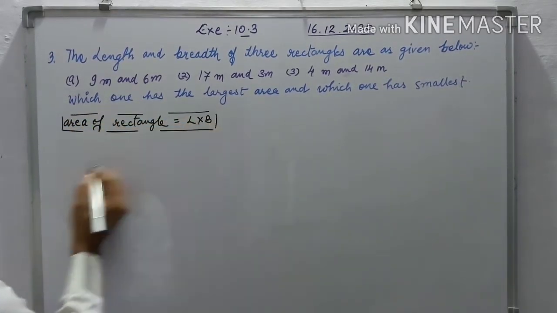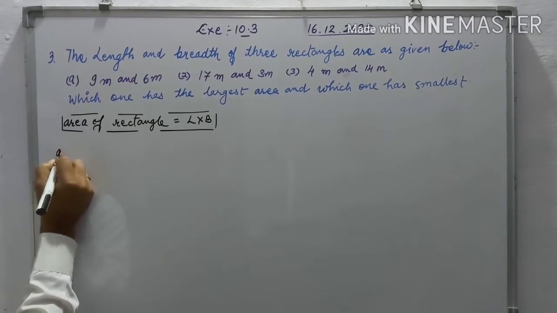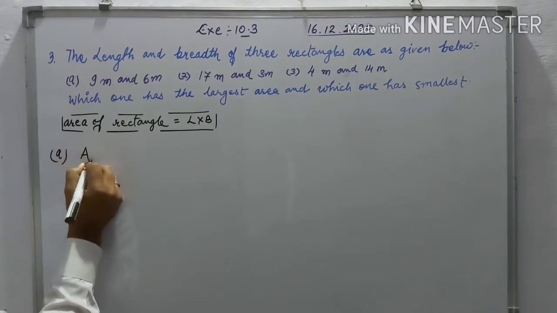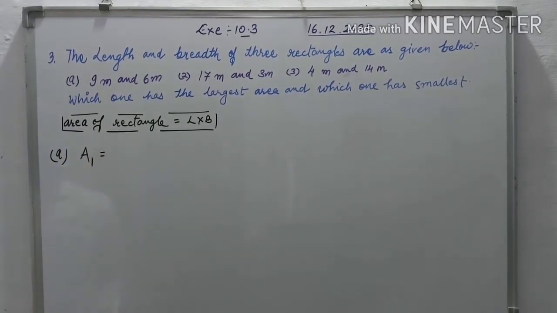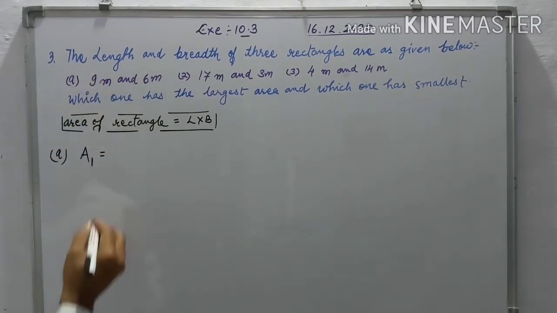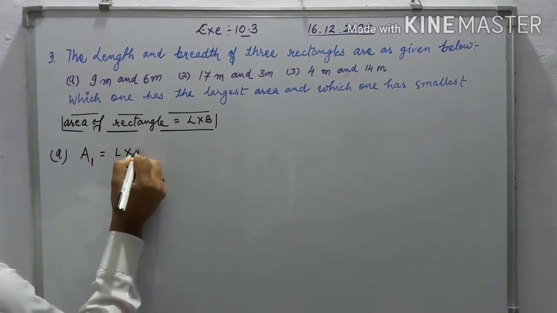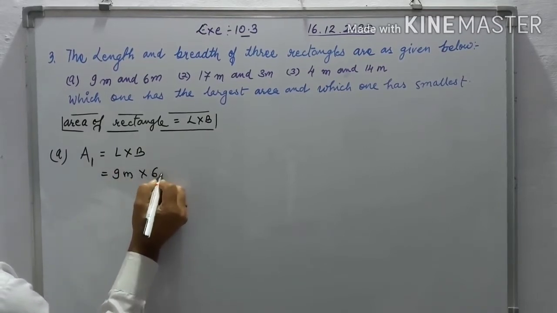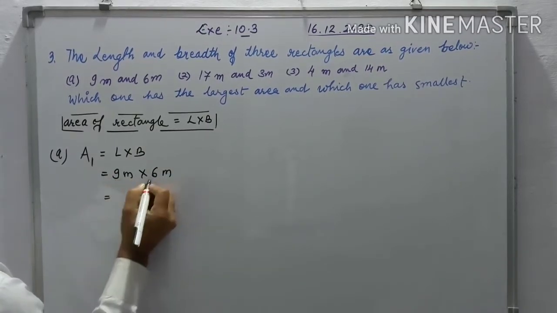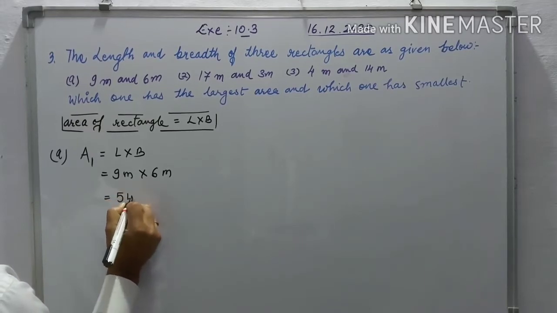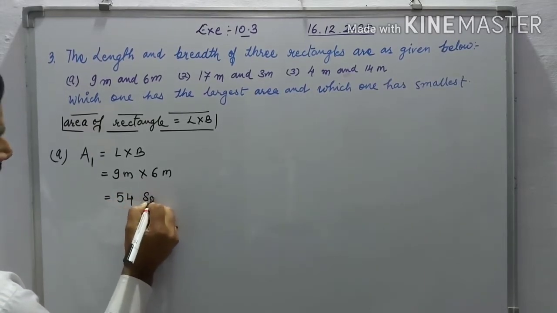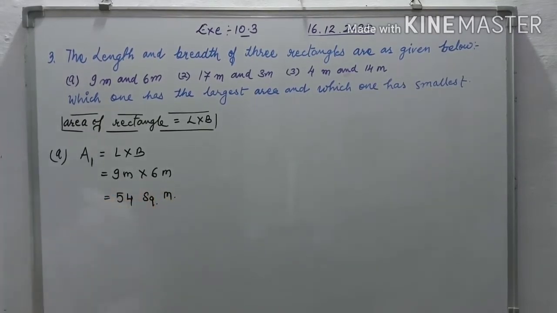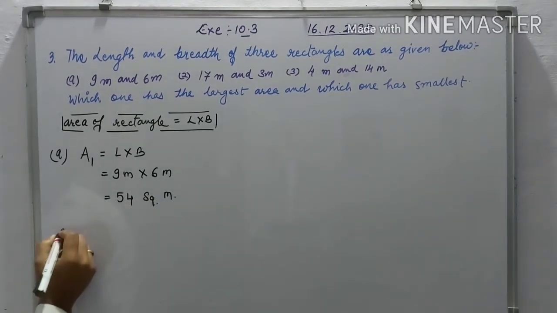Okay, now that first is A. I write the A1. A1 is the area of first rectangle. So that A1 is L into B. Here will be 9 meter into 6 meter, and table of 9, 6 times is 54 square meter. Okay, now find second area.